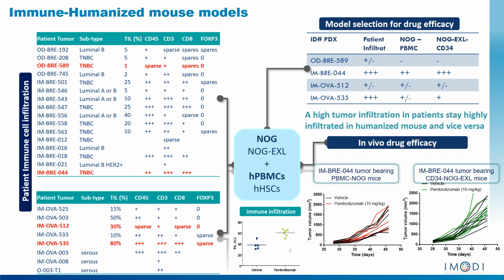And we have clearly shown that the tumors that are poorly infiltrated in humans remain poorly infiltrated when the tumors are engrafted in immune-humanized mice. And inversely, the tumors that are highly infiltrated in patients are also highly infiltrated when engrafted in humanized mice.